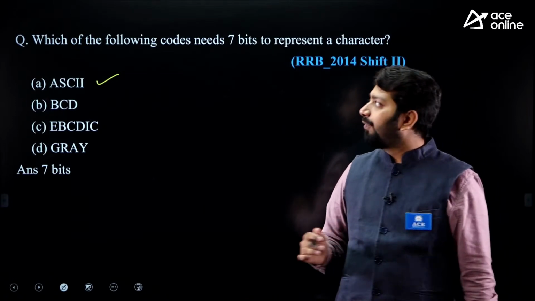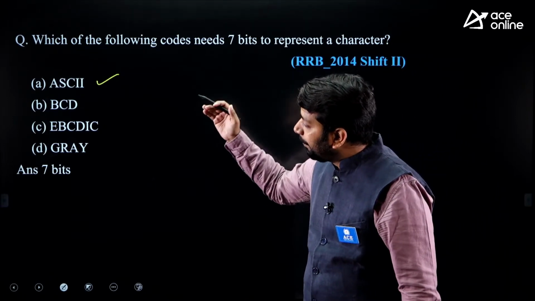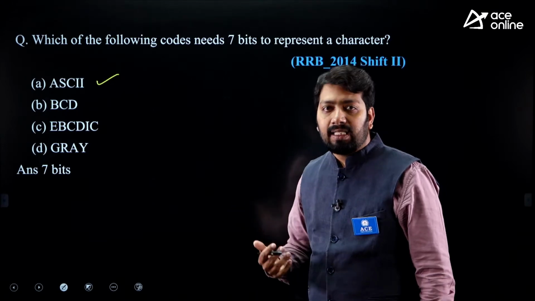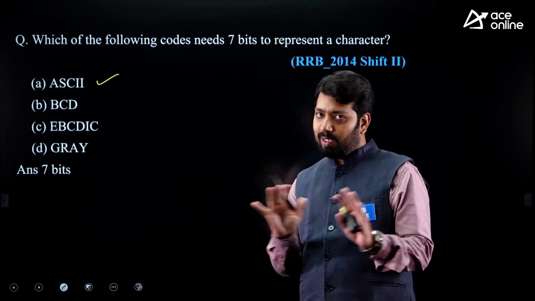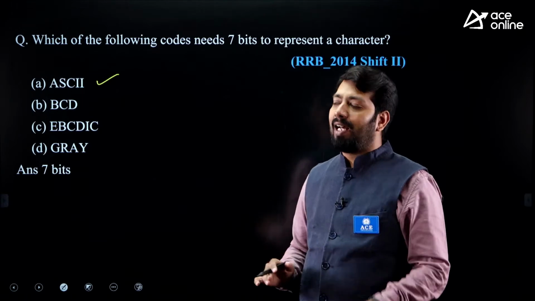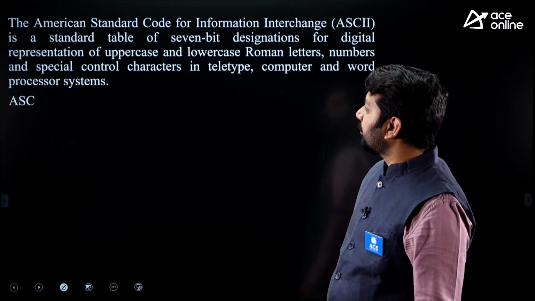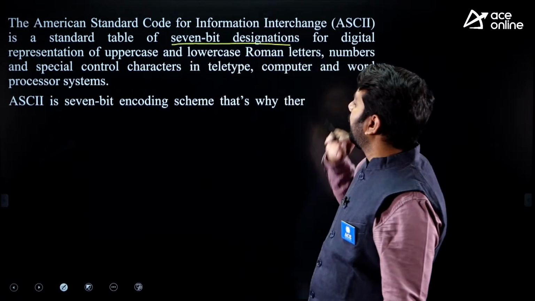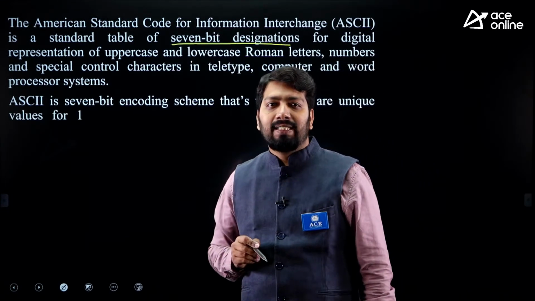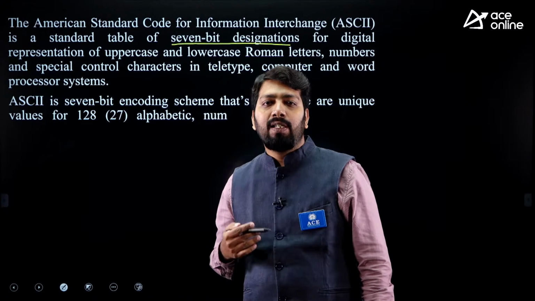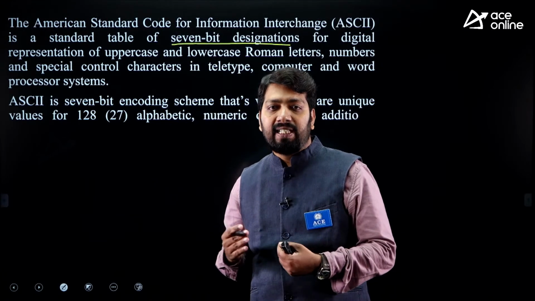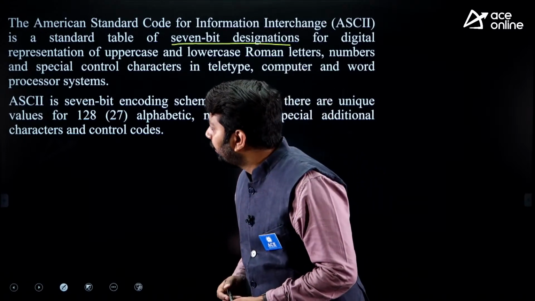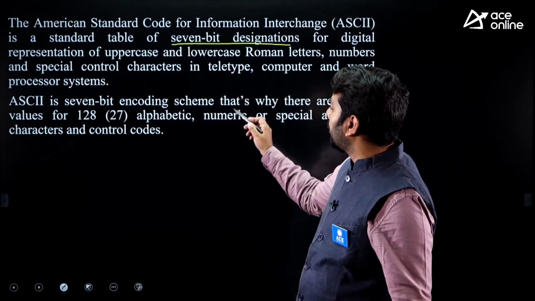Most of the time, if they are talking about many coding techniques or information interchange techniques, the answer is, not all the time but most of the time, ASCII. American Standard Code is 7-bit. That means we can represent 2 power 7 different characters, letters, numbers, etc. So ASCII is a 7-bit encoding scheme.